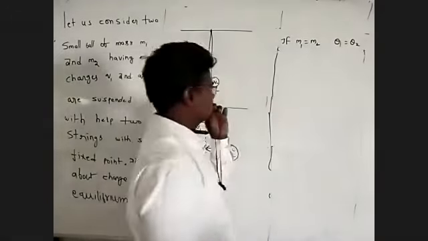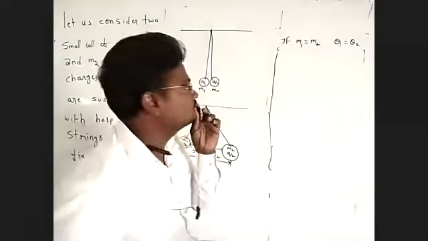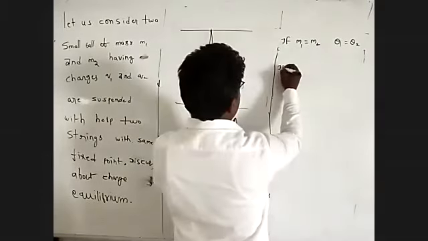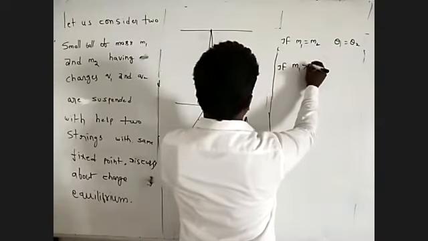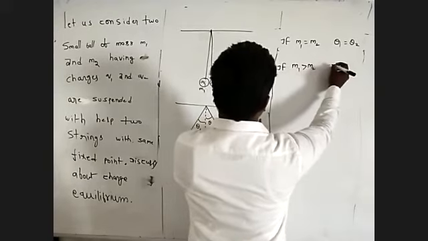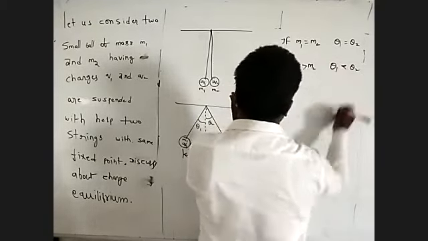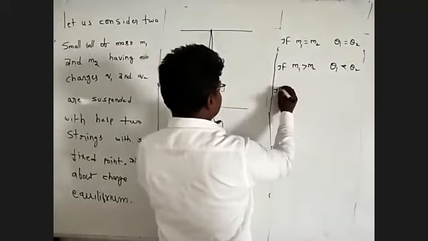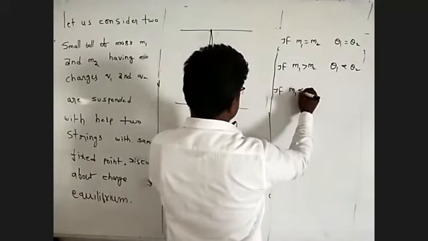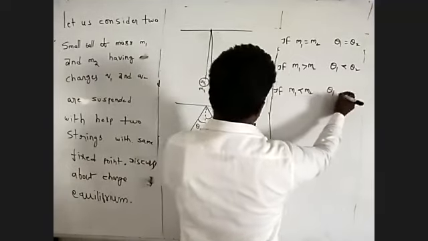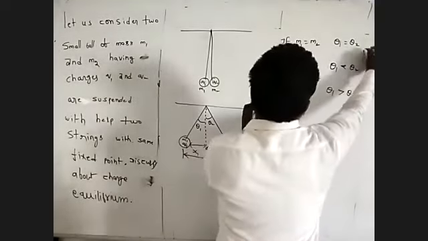Now, if m1 is less than m2, then theta 1 is greater than theta 2.